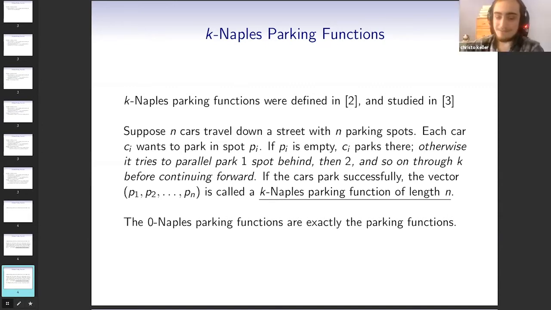So I believe it's about Naples, Florida, not Italy. If anyone is ever in Naples, I suggest you tell me if people really do this. So the original Naples, when they defined it, was not k-Naples; it was one Naples. That was the one. So they're saying that people in Naples parallel park a lot. If you're there, you can check. I'm not sure.